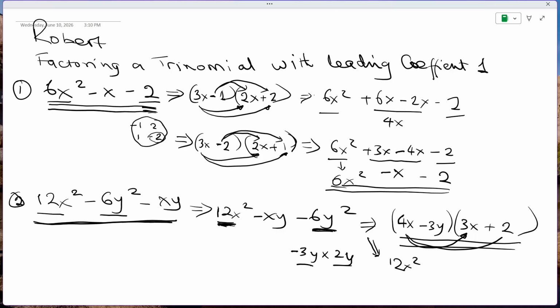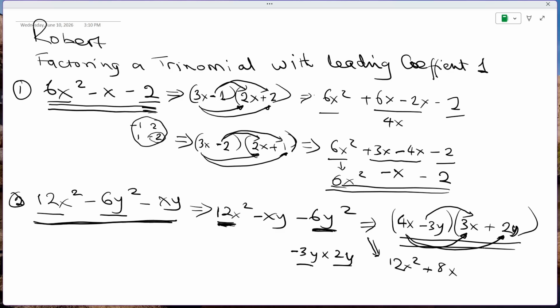Then we have 4x times 2y, sorry, this should be 2y.